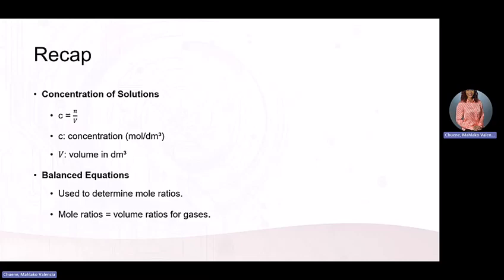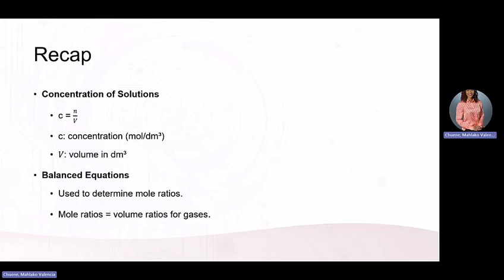Now, another thing that you should already know is how to balance equations. With a balanced equation, what we do is that we balance our equation to then determine the mole ratios of our products in that balanced equation. Because sometimes we work with gases, mole ratios are also equal to volume ratios.